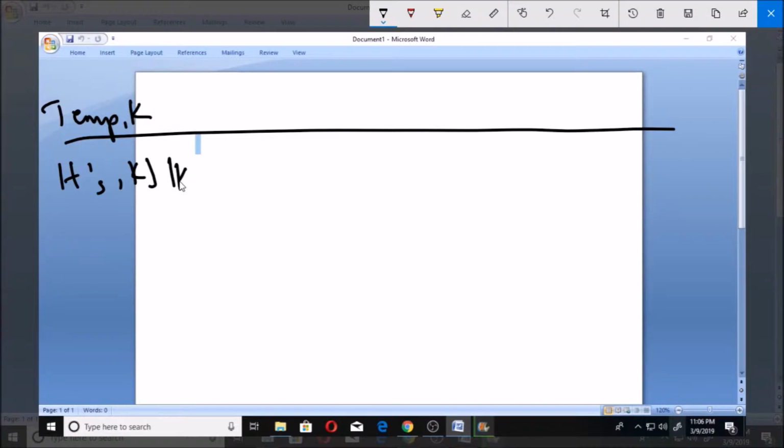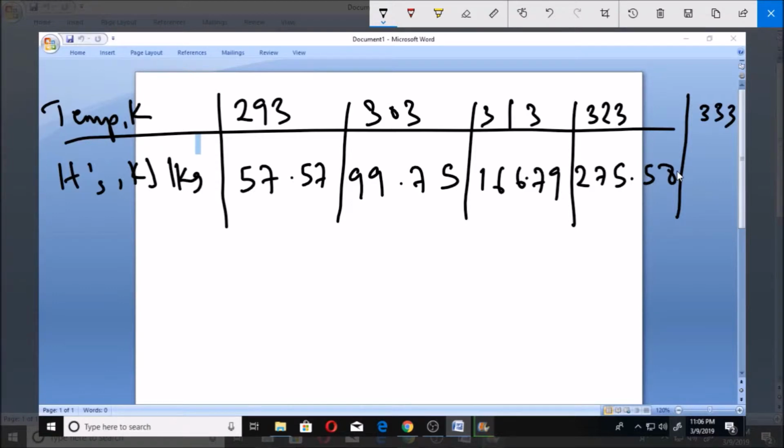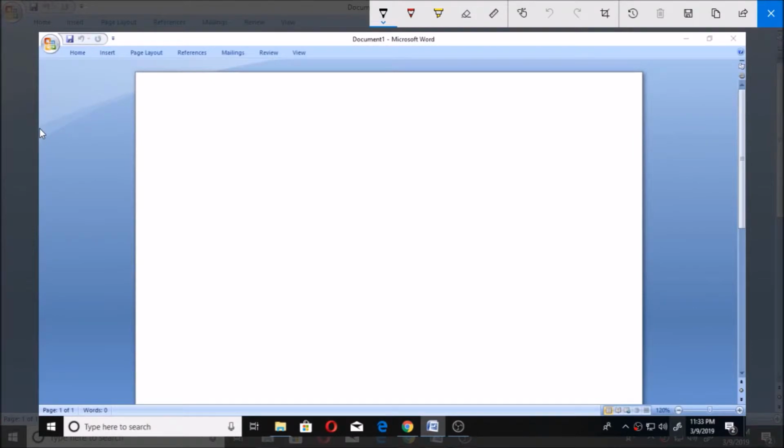At 313, it is 166.79, at 323, it is 275.58, and at 333, it is 461.5. Those are the values given, and we are going to start solving with these values.